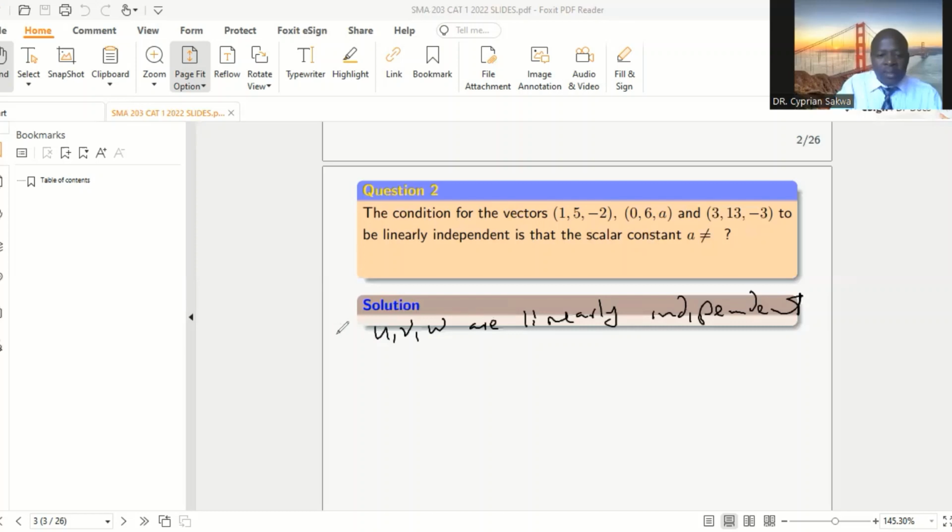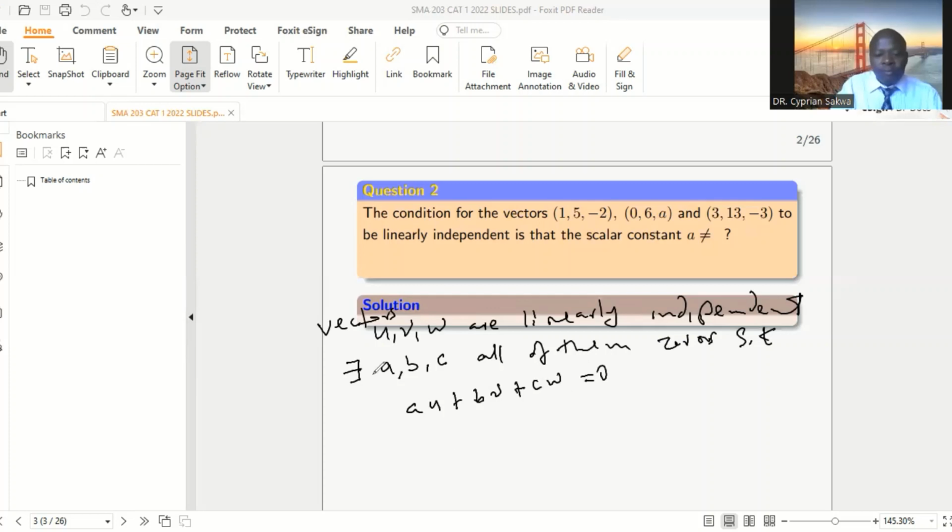We say they are linearly independent if the only scalars a, b, c such that a times u plus b times v plus c times w equals 0 are a, b, c all zeros.